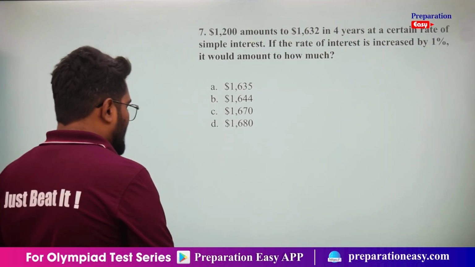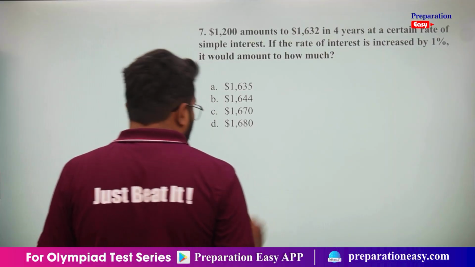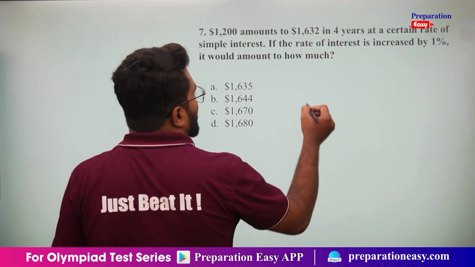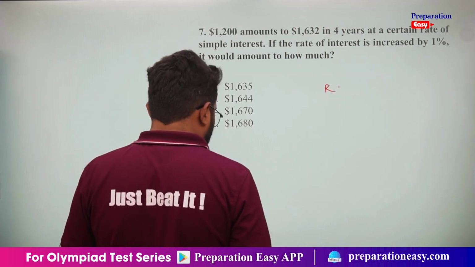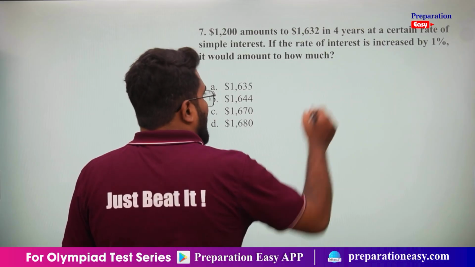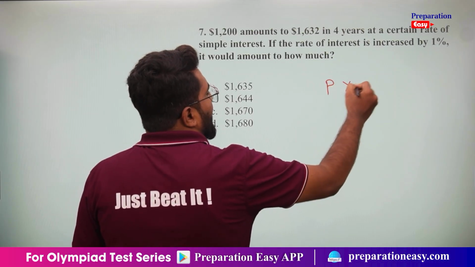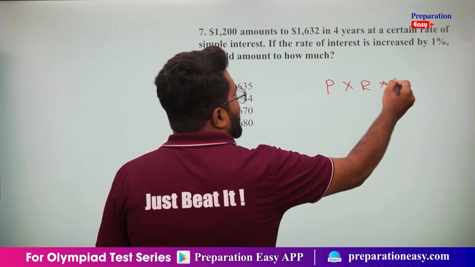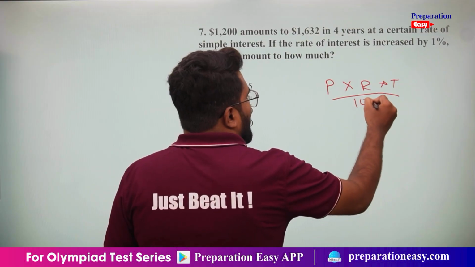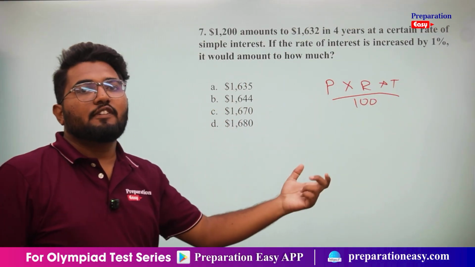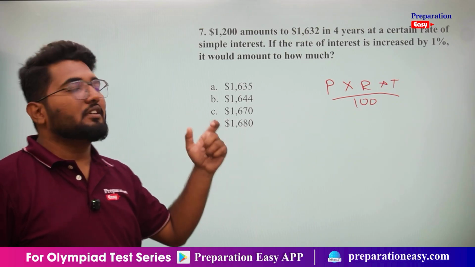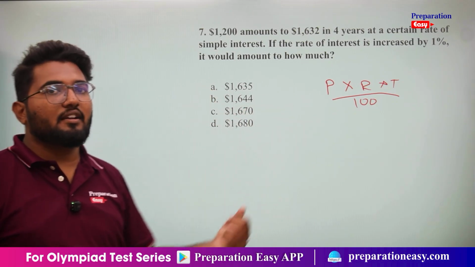So first we have to find the actual rate of interest. The formula will be P into R into T divided by 100. P stands for principal, that is 1200, R stands for rate of interest and T stands for time, that is 4 years, divided by 100.